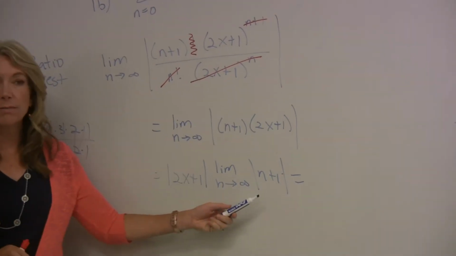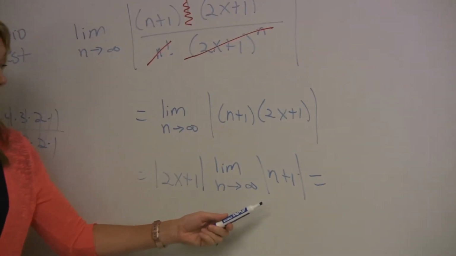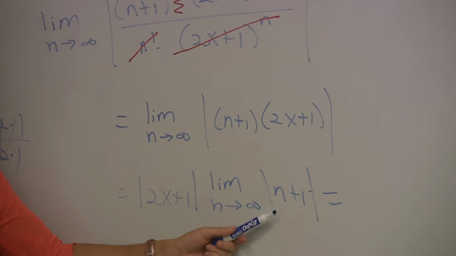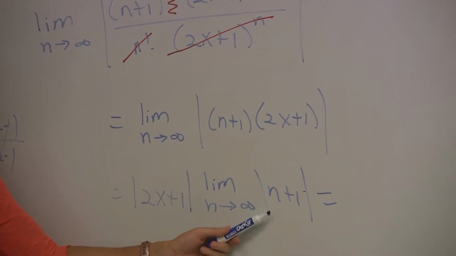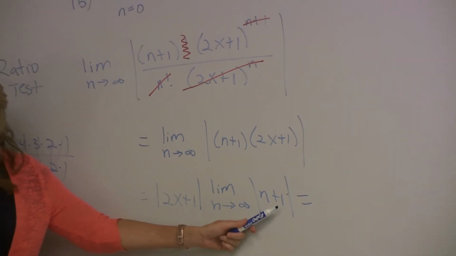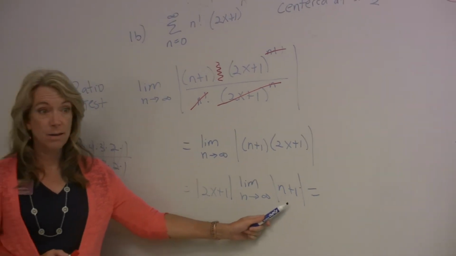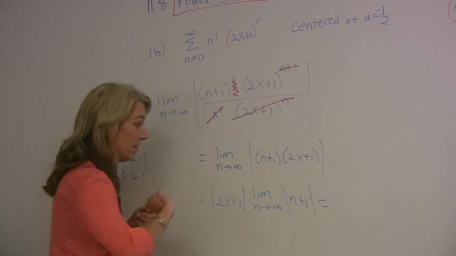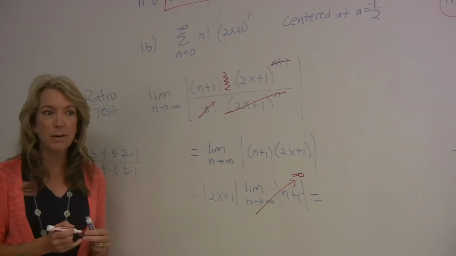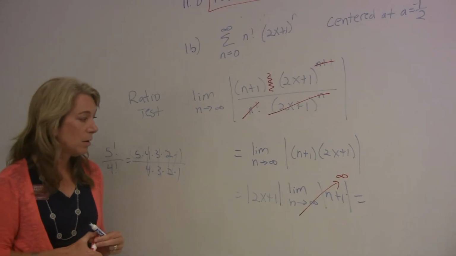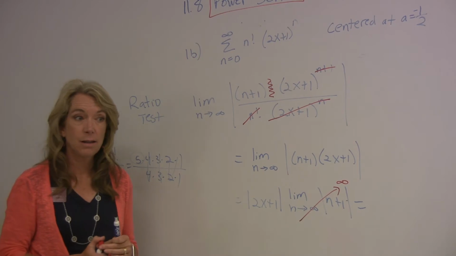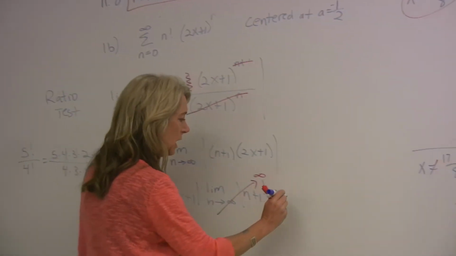What's the limit of this part as n approaches infinity? Infinity plus 1? That's infinity, right? That just keeps getting bigger. Whatever number you put in there, we want one more than that. That just keeps blowing up. So I have 2x plus 1 times infinity.